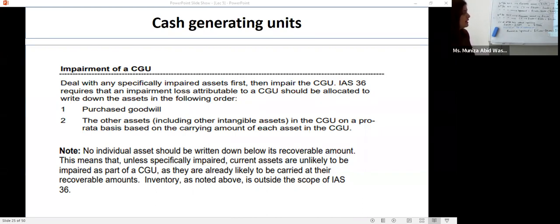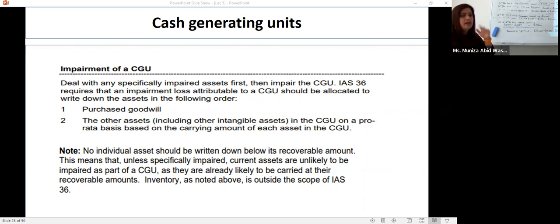Note, no individual asset should be written down below its recoverable amount. This means that unless specifically impaired, current assets are unlikely to be impaired as a part of the CGU. Now, when you are going to set off the impairment loss against the assets, sometimes they will give you the net assets. What are net assets? The excess of assets over liabilities.